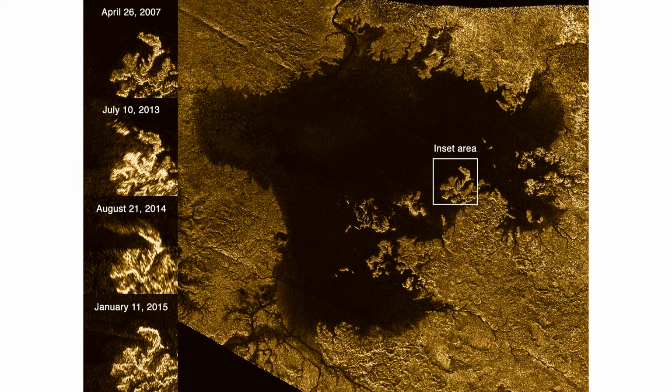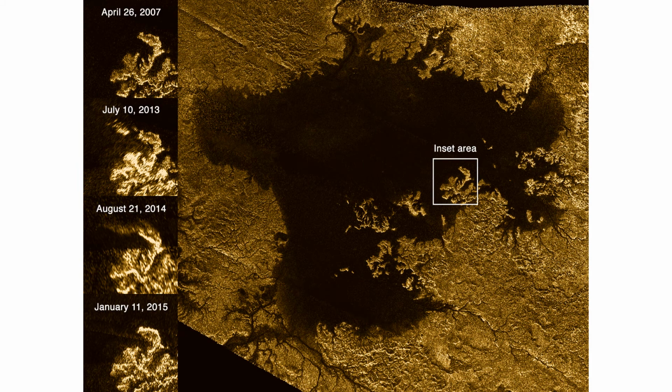The first one was taken in 2007, and then the next one is in 2013. Well, this is a little island made of frozen water ice in a methane lake, and this is what it looked like in 2007. Well, in 2007, this part of Titan was entering its winter season, and so remember, seasons are 7.5 years long.